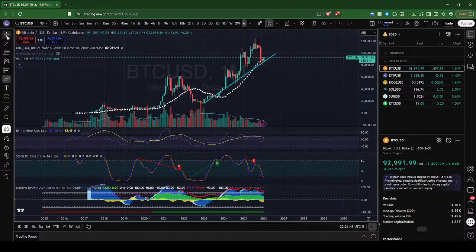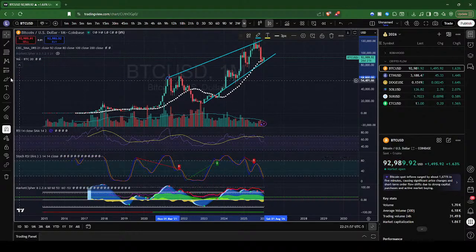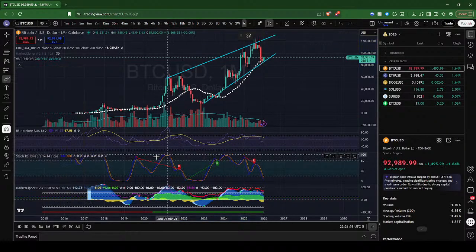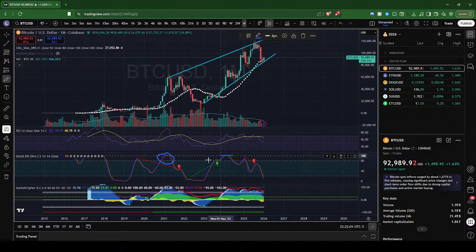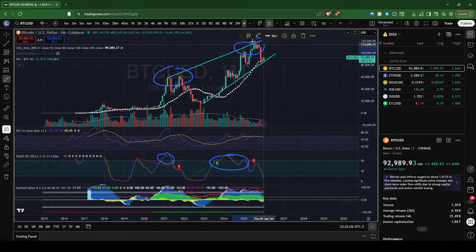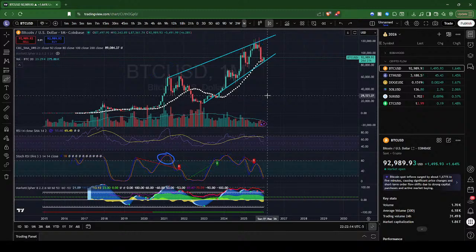So, one thing that we see on the monthly is, from this high in this stochastic to this high in this stochastic, we could see the correlation right here, and it's showing some bearish divergence.